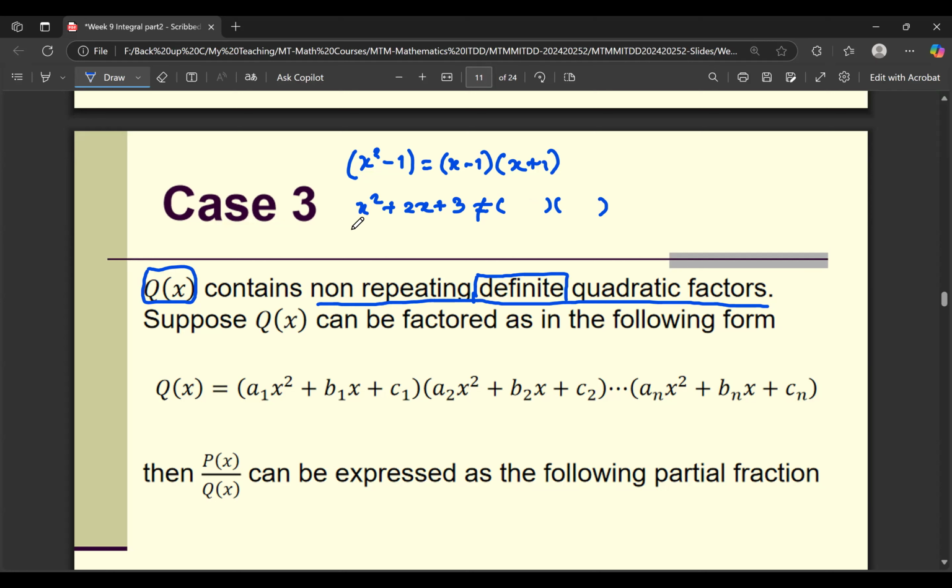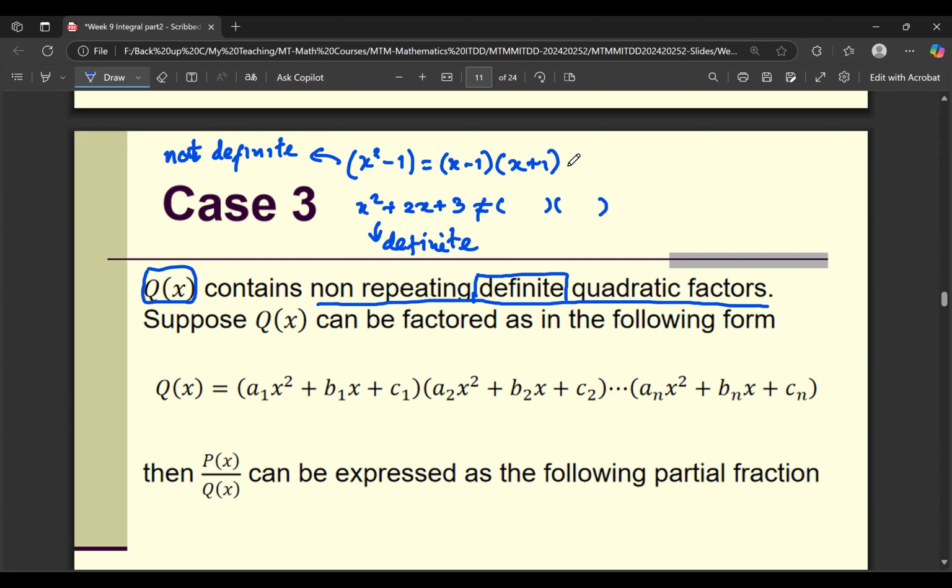Why? Because this is definite. Definite means it is certainly positive or certainly negative, but this one is not definite.